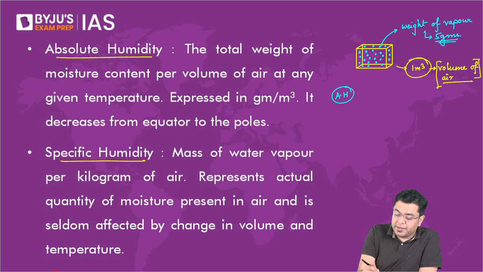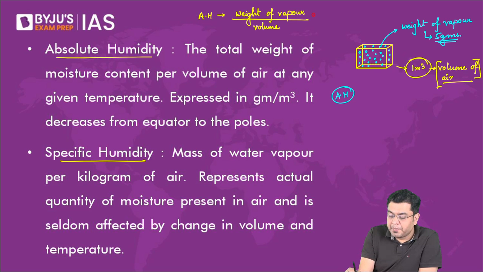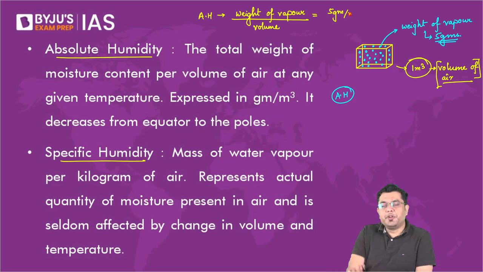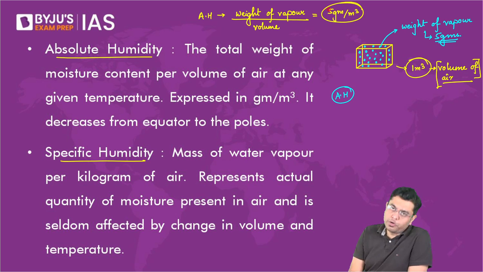It will be the weight of vapor divided by volume. That is the case of absolute humidity. So this will come out to be 5 gram per meter cube. That is referred to as the absolute humidity.